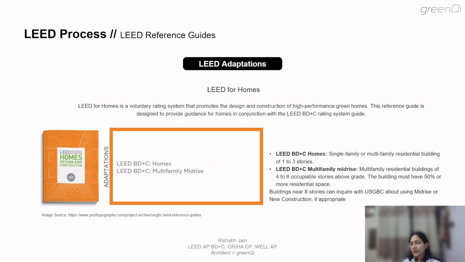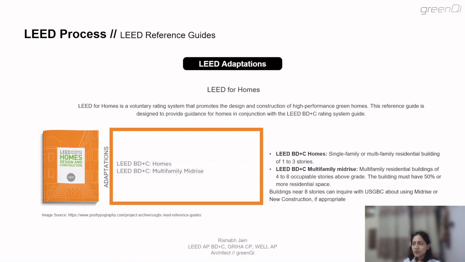Right. So the last adaptation is LEED for homes. This is a voluntary rating system that promotes the design and construction of high performance green homes. This reference guide is designed to provide guidance for homes in conjunction with the LEED BD plus C guide. LEED BD plus C rating systems are more focused on commercial projects or the projects that are listed there.